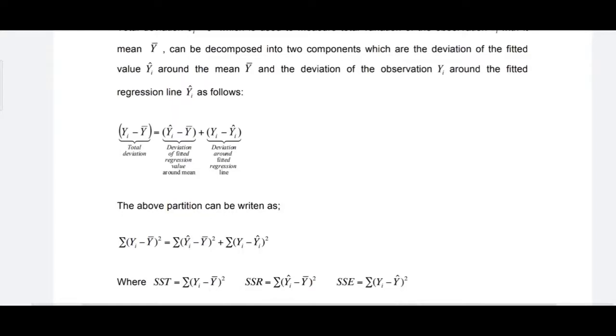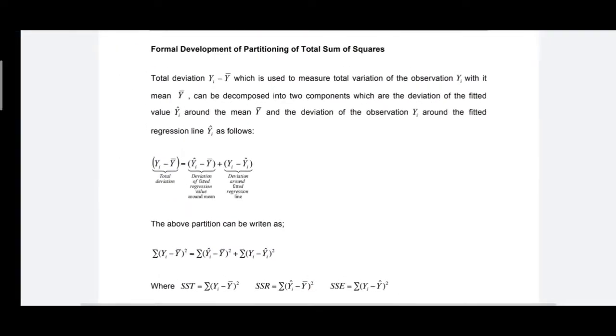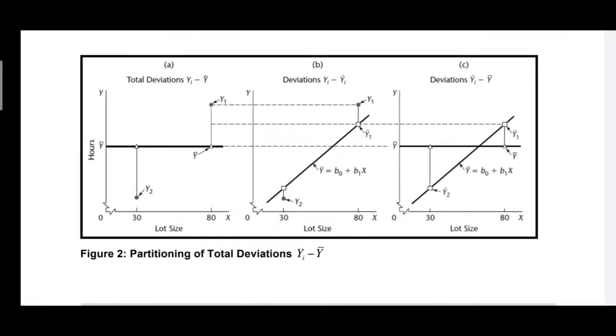So actually to create the formula of SST, SSR and SSE, it comes from the illustration of the deviation between the mean and the observation, the deviation between the observation and the fitted value, and also the deviation between the fitted value and the mean.